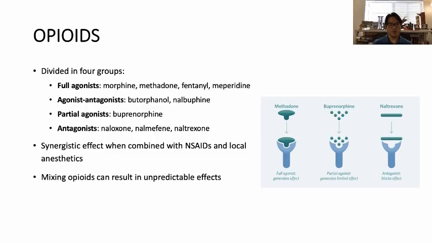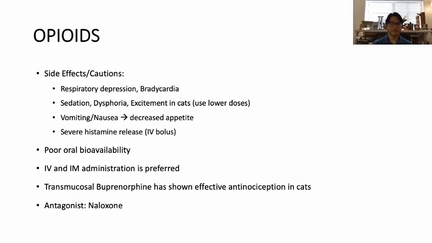However, mixing opioids together can result in unpredictable effects. So we'd rather mix with NSAIDs or other analgesics rather than mixing 2 opioids together, because by doing so, you might cause even more side effects, such as respiratory depression, bradycardia, sedation, dysphoria, excitement in cats, especially when you're using a low dose, vomiting, and nausea, which could decrease appetite.